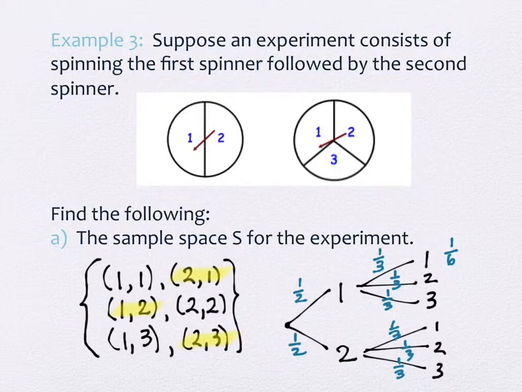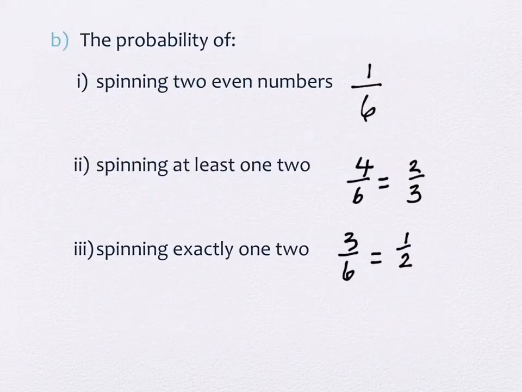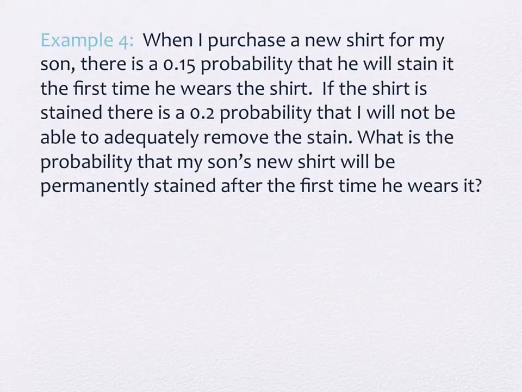So we're going to take a look at another example where the events themselves are simply not the same type of event at all, right? When I purchase a new shirt for my son, there is a 0.15 probability that he will stain it the first time he wears the shirt.